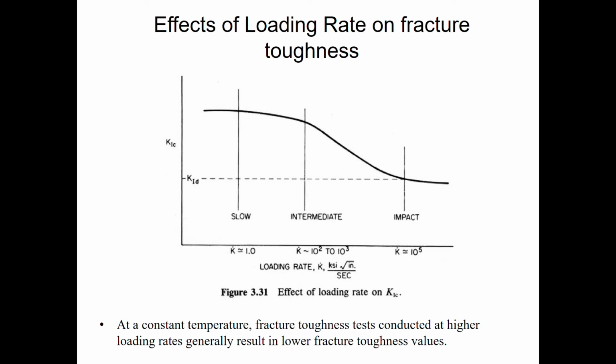Fracture toughness tests conducted at higher loading rates generally result in lower fracture toughness values. Of course, because the dynamic is very fast. So at this value, impact or K1D, is always the lower fracture toughness value. You can see this in the plot on the y-axis. It is always the lowest compared to intermediate here and the slower loading rate.